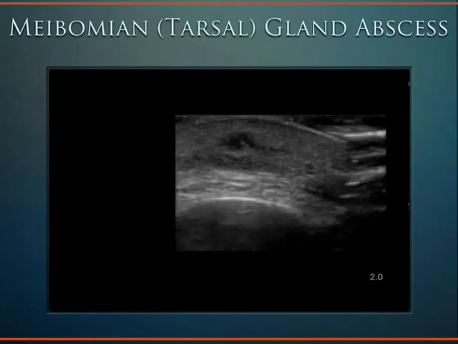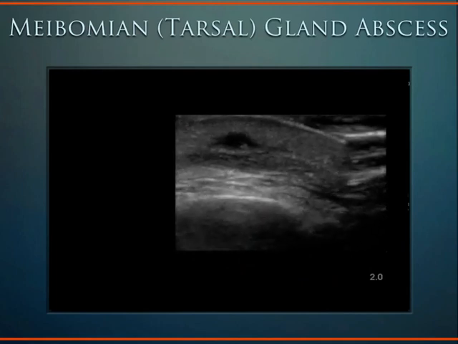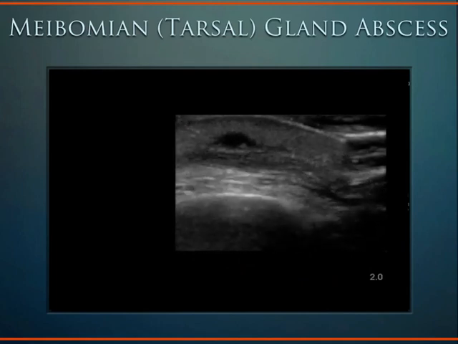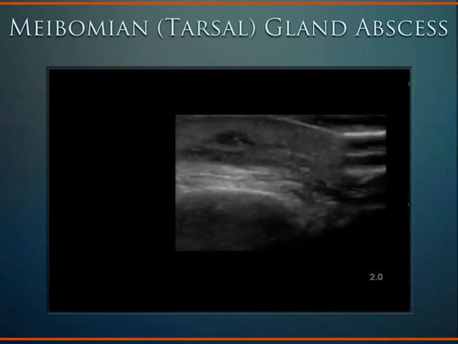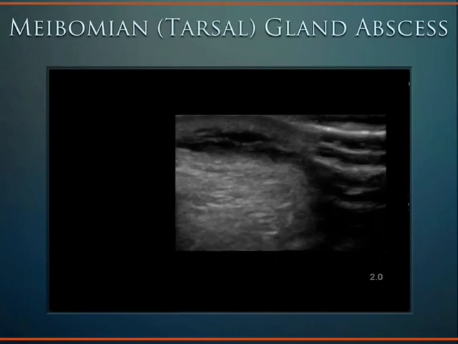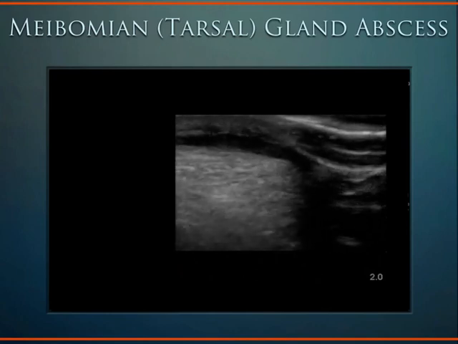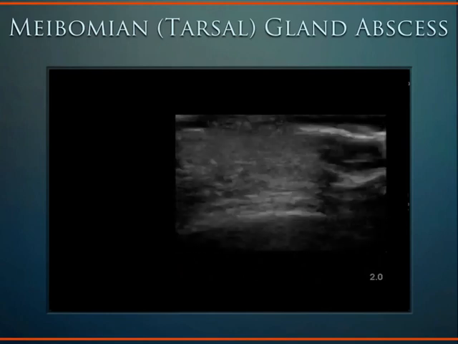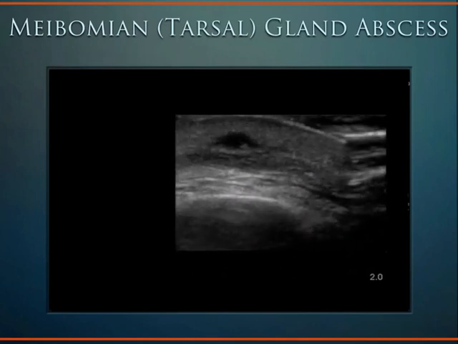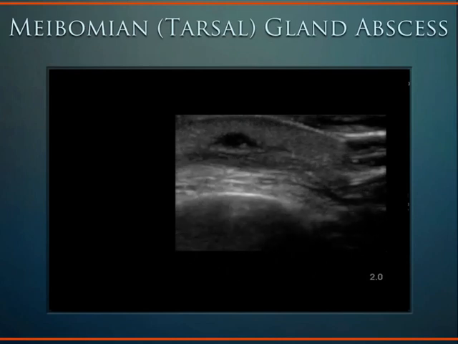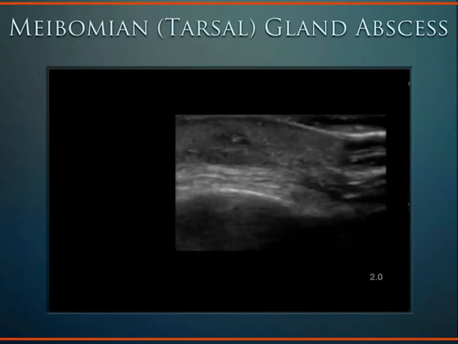And this is an example here of a meibomian gland abscess. The meibomian glands, sometimes called tarsal glands, are a special kind of sebaceous gland along the rim of the eyelids inside the tarsal plate. And they make this stuff called meibum, which is an oily substance that prevents evaporation of the eye's tear film.